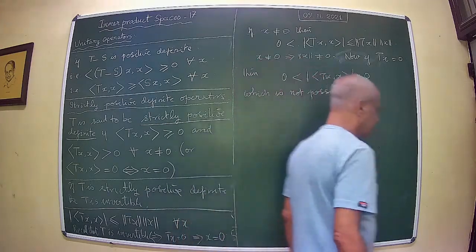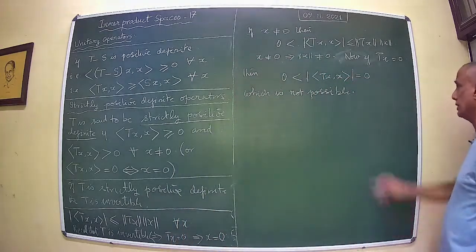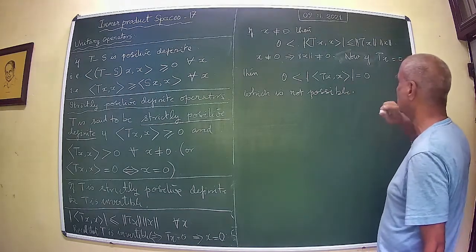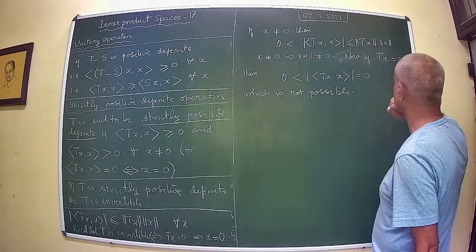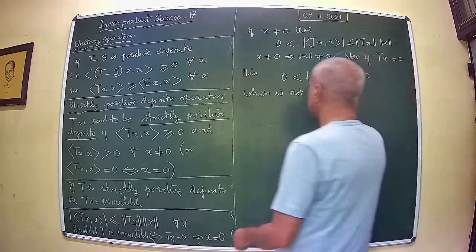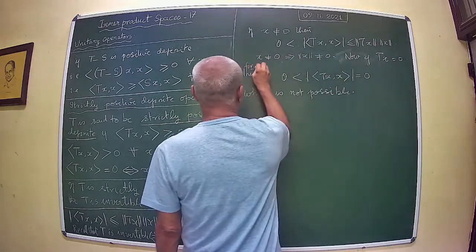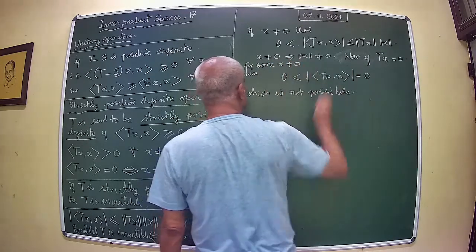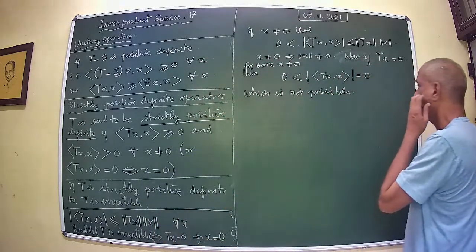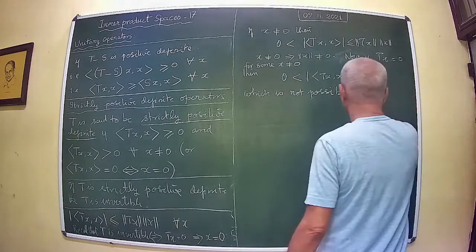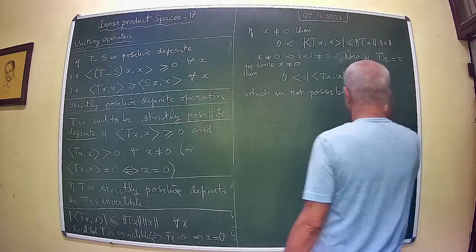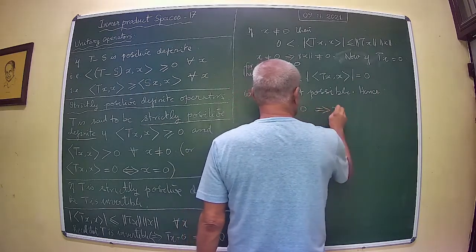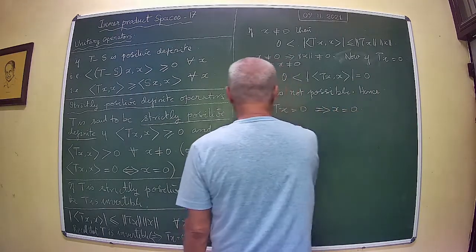Which is not possible, because you have this inequality, 0 less than this. Hence Tx equal to 0 implies x equal to 0.